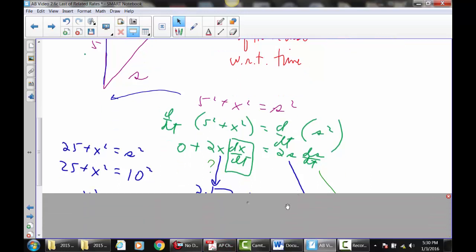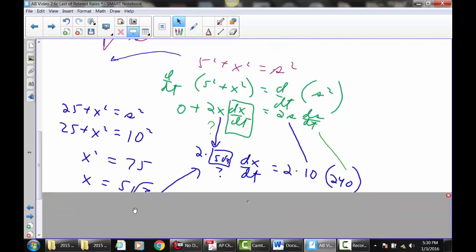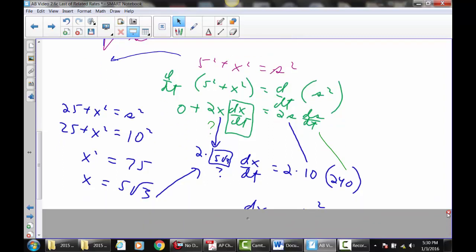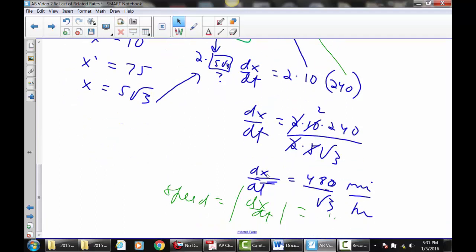We're given ds/dt, we're given s, but they didn't give us x. But we have the relationship between x and s, so if we replace s by 10, we find that when s is 10, x is 5 root 3. So we replace x by 5 root 3, isolate, simplify, and that's miles per hour. It's already positive, so the speed will be the same thing.